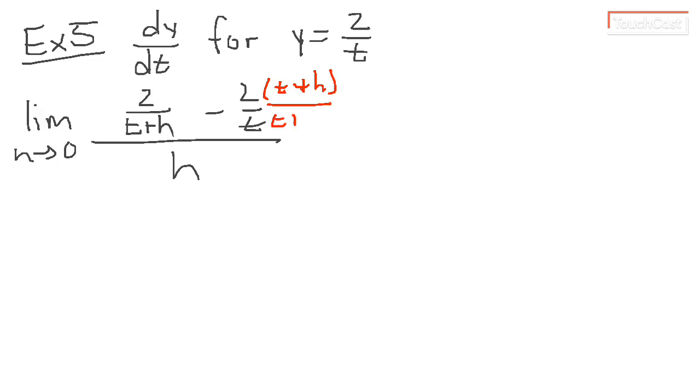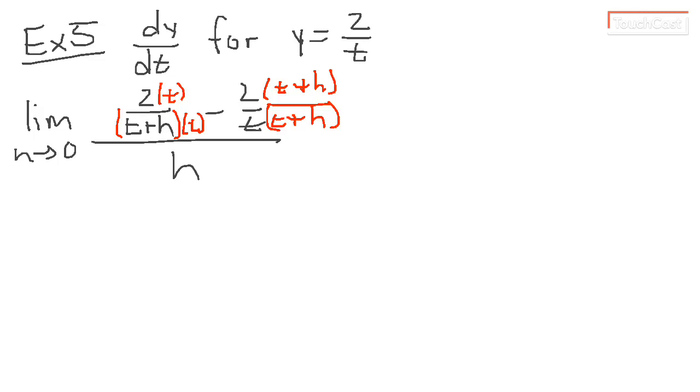over t plus h, and we'll multiply this first one by just t. If we multiply each one by the other one's denominator, we've then got a common denominator.